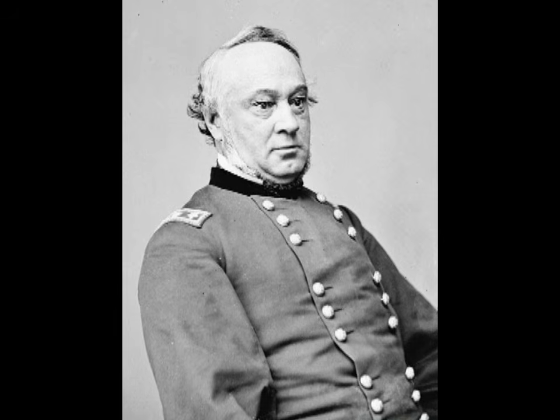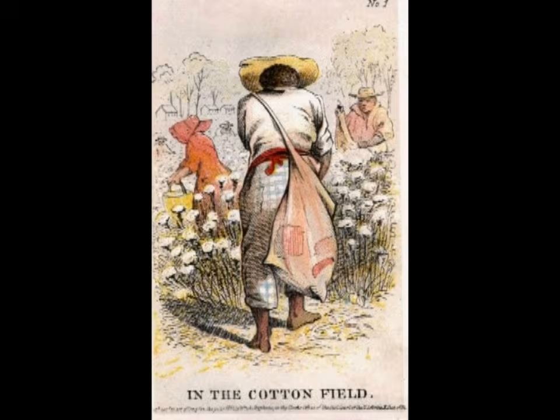Although the proclamation technically freed only the 3.5 million slaves living in the rebellious states, so out of Union control, it set in motion the legal process that would eventually liberate every person still held in bondage across the United States. It also authorized the enlistment of black soldiers into the Union Army. By the war's end, nearly 180,000 African American troops, the United States Colored Troops, had served, comprising roughly 10% of the Union Army.